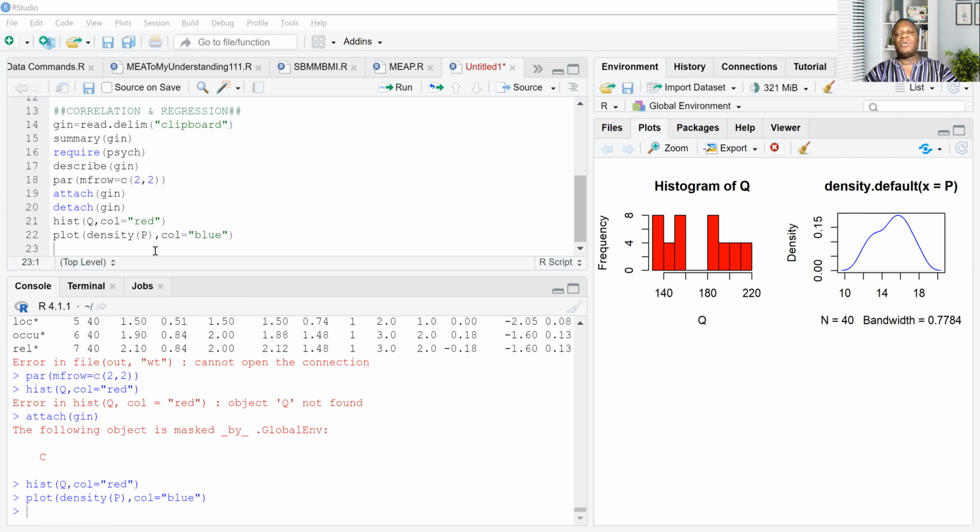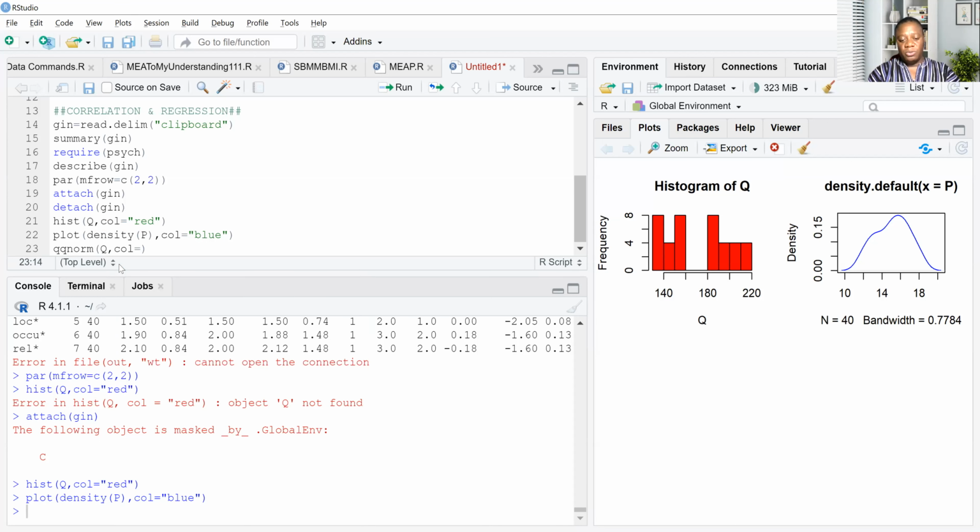Okay. The next one, I want us to do the quantile normal probability plot. I want us to check whether the data Q is normally distributed using the quantile normal probability plot. Okay. The command is a very interesting command. It is QQNorm. Type it as I type. It's QQNorm, bracket, capital Q, okay, then comma, you do your color.